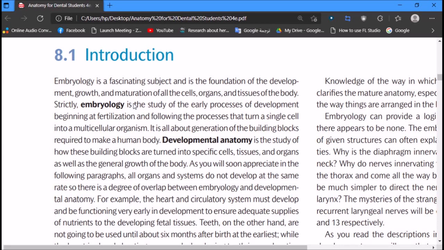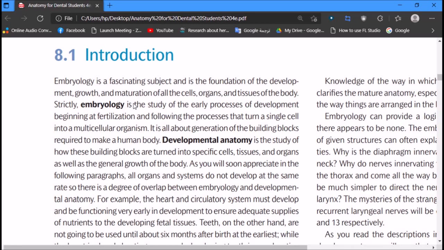This chapter is an account of the development of the embryo from fertilization to about the middle of the embryonic period, where all the rudiments and building blocks of significance to dental students are formed.